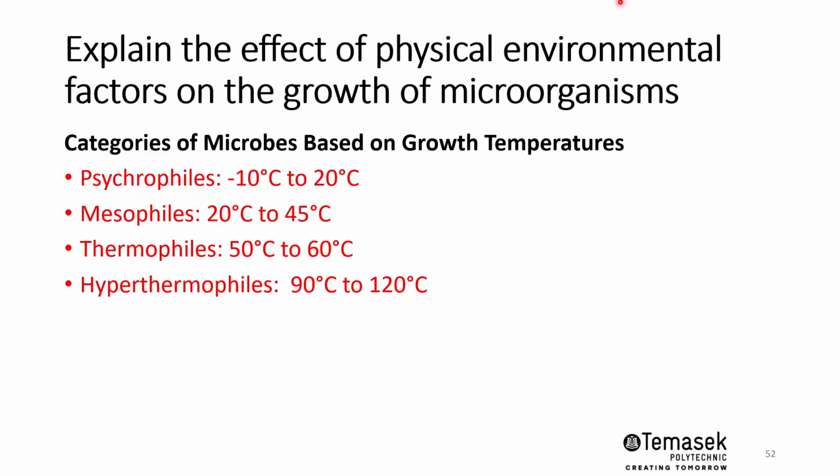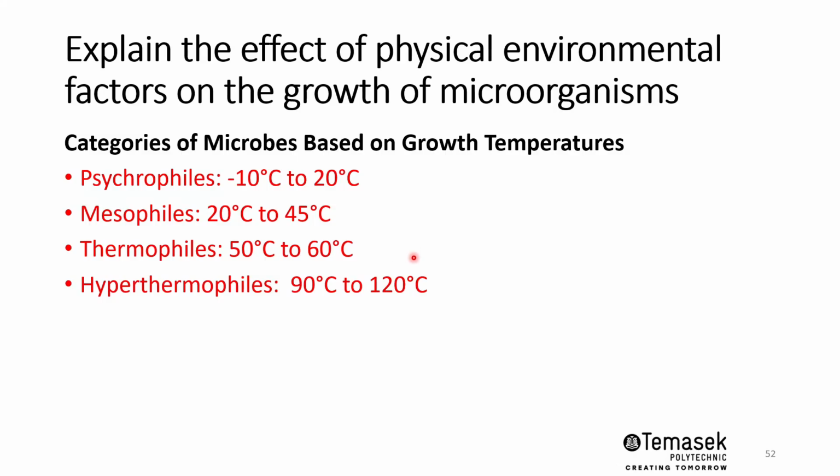You also have thermophiles, which grow optimally at higher temperatures between 50 degrees and 60 degrees Celsius. They are very heat loving, and are usually found in hot springs and in bundles of compost, where there is very high temperature because of all the decomposition happening.